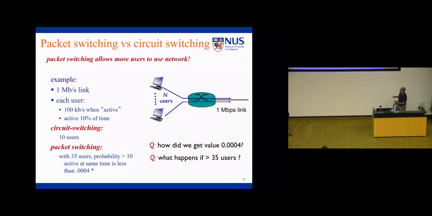And now if I go back here to my slide, it says that if I choose n equals 35, even if I have 35 users, the probability of more than 10, if I put n equals 35 in that expression and ask a computer to do this for me, you will see that that probability is 0.0004. So it's very, very unlikely that there'll be more than 10 people active at the same time.